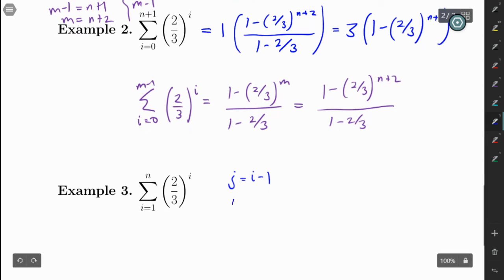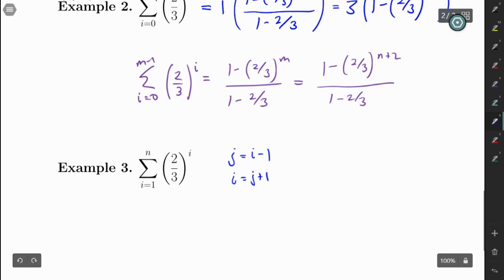And then we can solve for i to be j plus 1. So then the sum here is going to turn into the sum from j equals 0 up to n minus 1, and then 2 over 3 to the j plus 1.